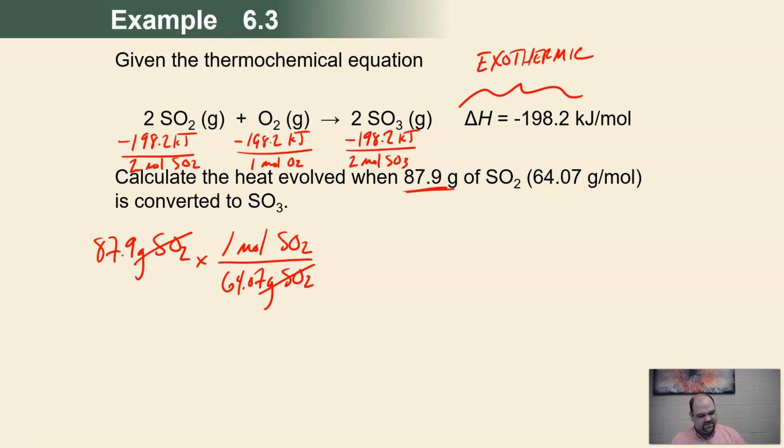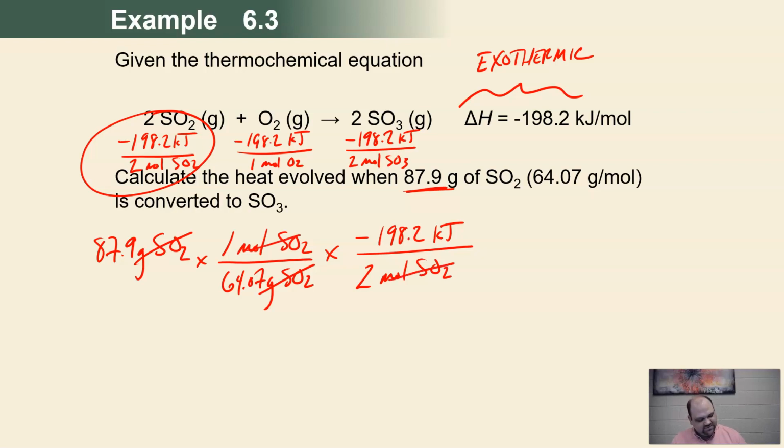My grams cancel. And so now I'm going to use the right conversion factor based on what I need to get rid of. I need to get rid of moles of SO2, so I'm going to use this first conversion factor, negative 198.2 kilojoules for every 2 moles of SO2. So now my moles of SO2 cancel, and I'm left with just kilojoules.